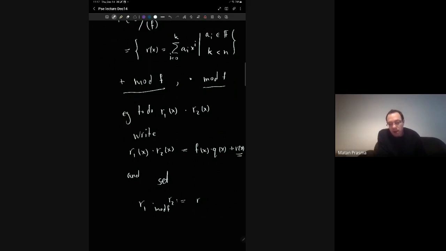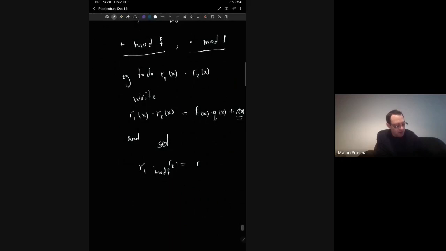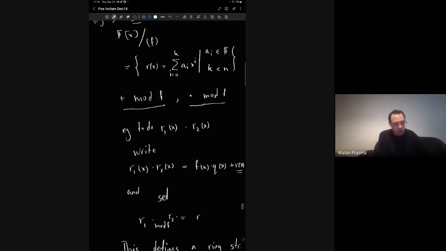And this operation of multiplication and addition modulo f defines a ring structure on the set that we call F[x] modulo f, the set of all remainder polynomials.